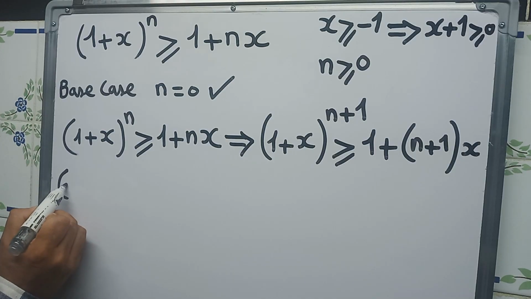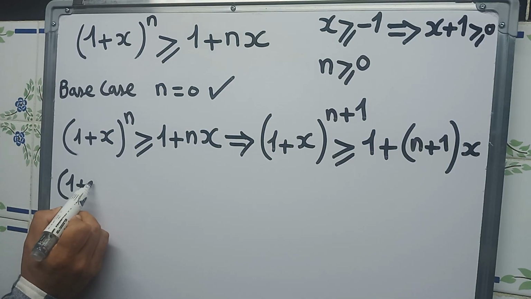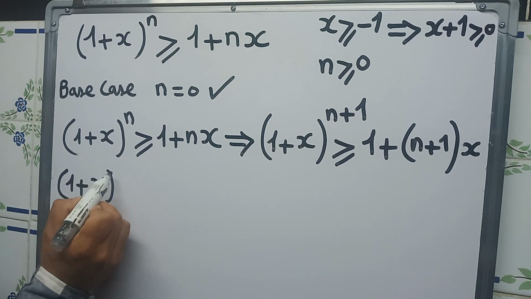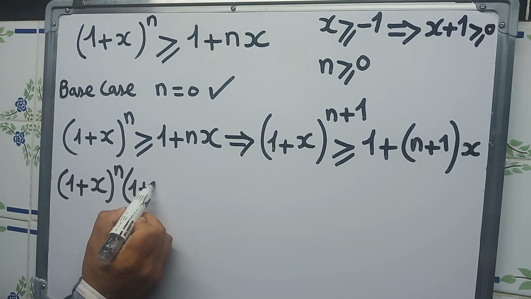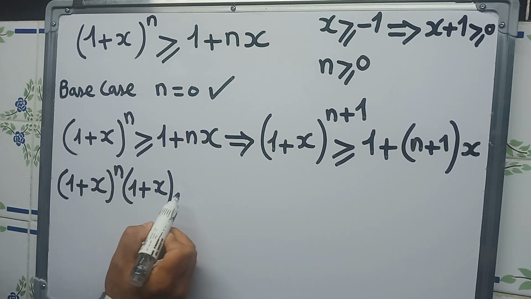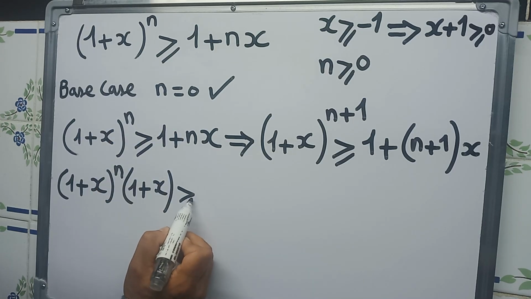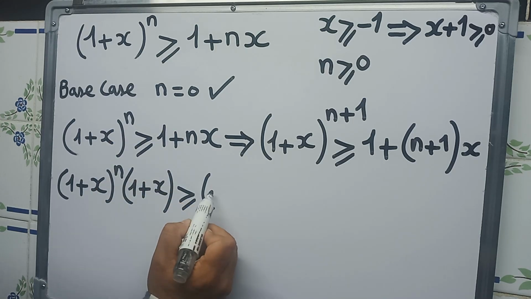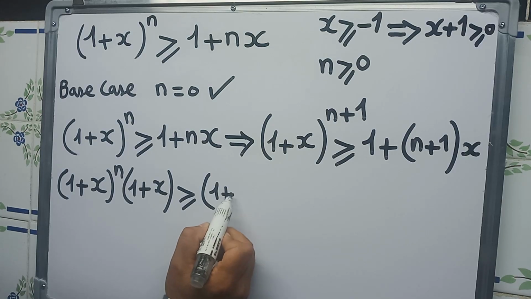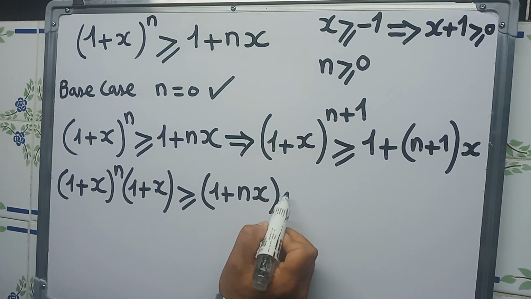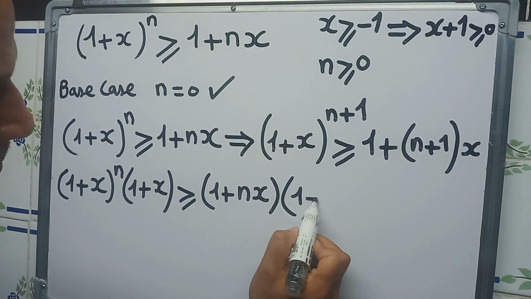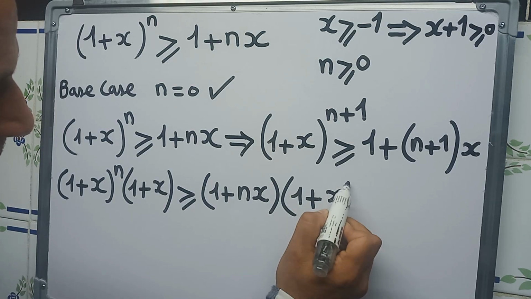So here we will have (1 + x)^n times (1 + x), or x + 1, is greater than or equal to (1 + nx) times (1 + x).